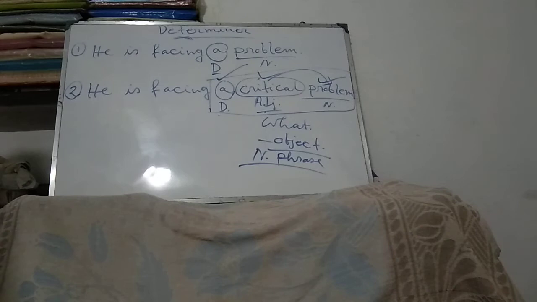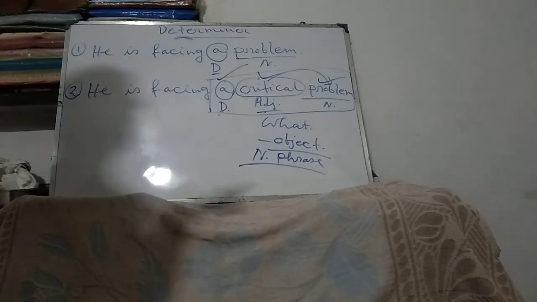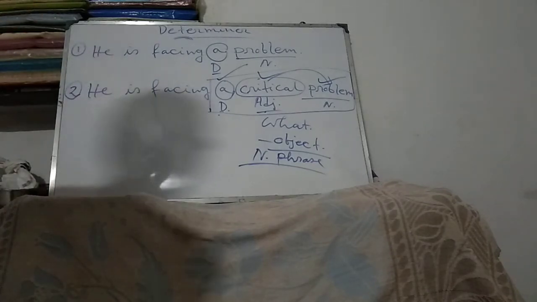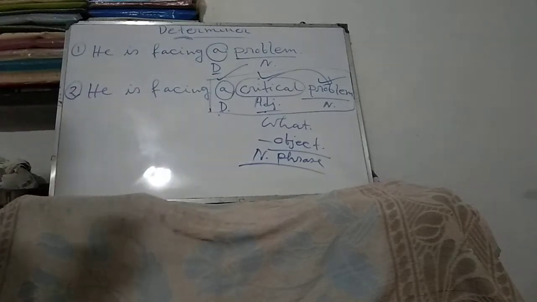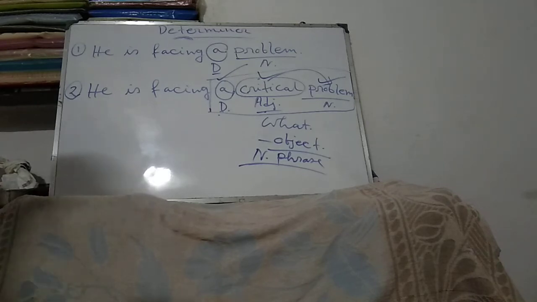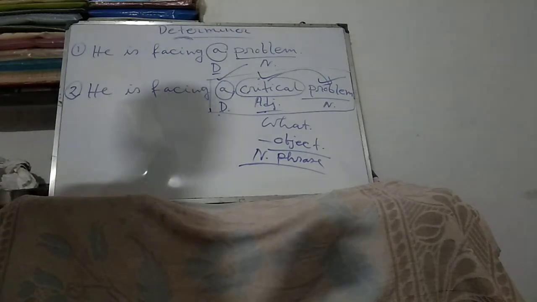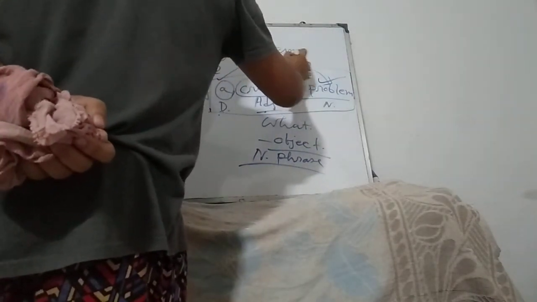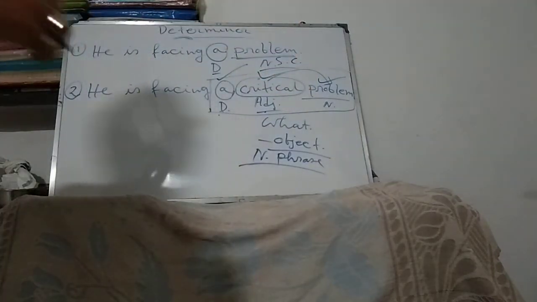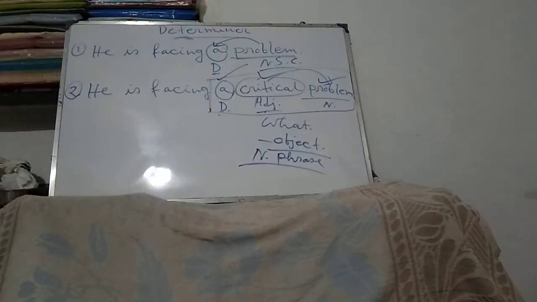A singular countable noun cannot be used without a determiner. That means problem, it is singular and also countable. Problems, countable noun, and that's why it must take a determiner. That is the main point.